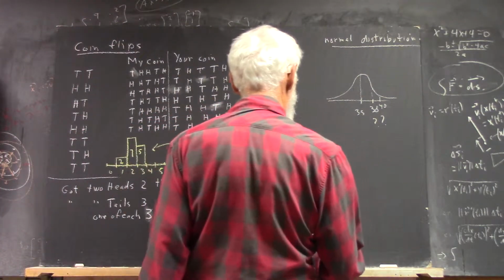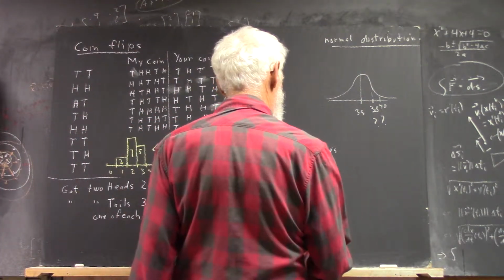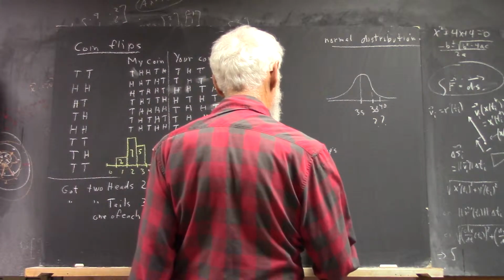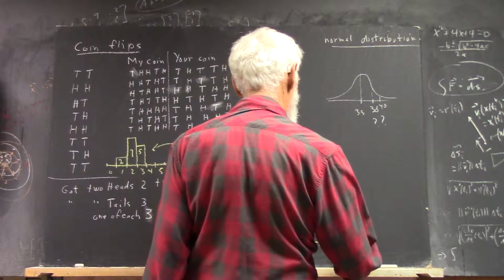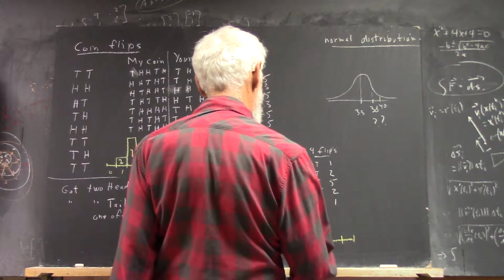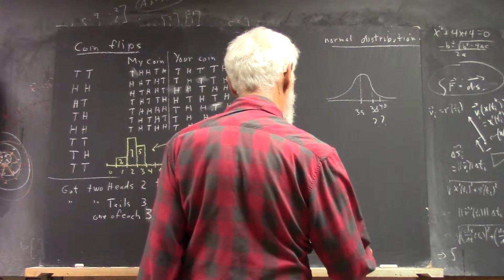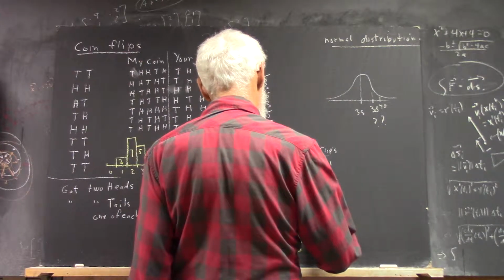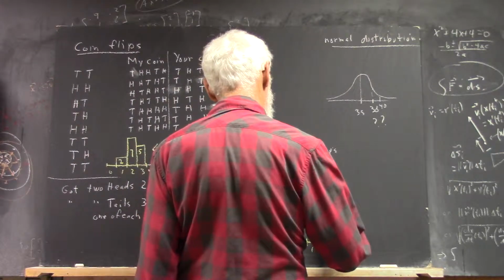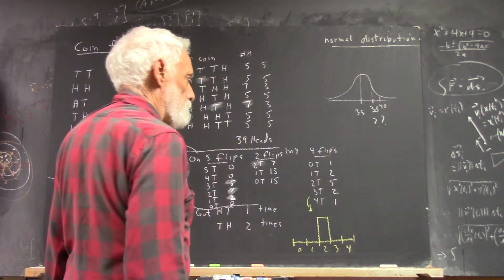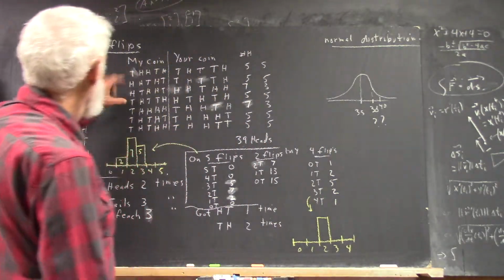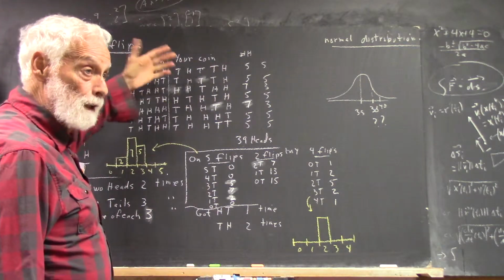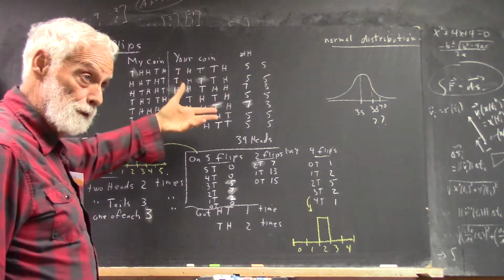For 4 flips, we'd have 0, 1, 2, 3, 4. Okay, for 4 flips, you flip it 4 times. Well, I just counted the first 4 flips in each column. There are 10 columns, so I got 10 results.